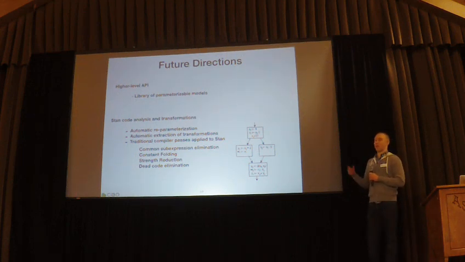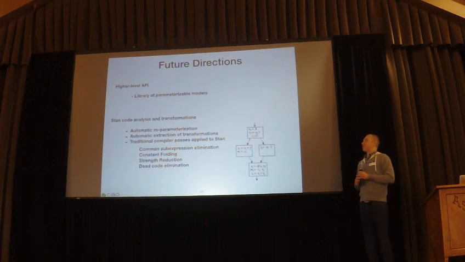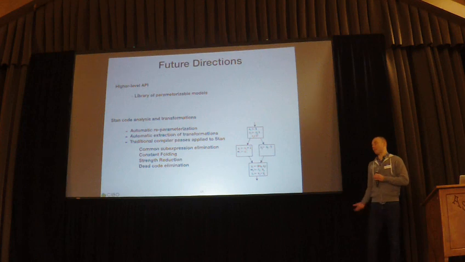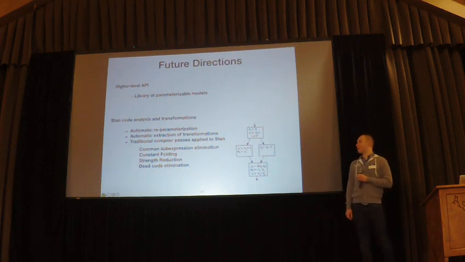So that means we could do automatic reparameterization, for example, or automatic extraction of transforms, or even just traditional compiler optimizations applied to Stan code, which may or may not make sense to do, I don't know, but it would be something that you could possibly do.